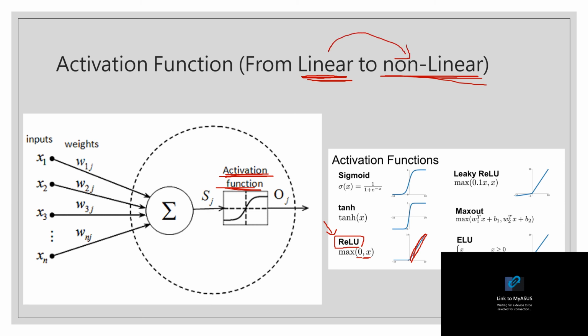This is how the neural network tries to perform like a human brain. Of course, there are lots of activation functions, and you can learn them later.